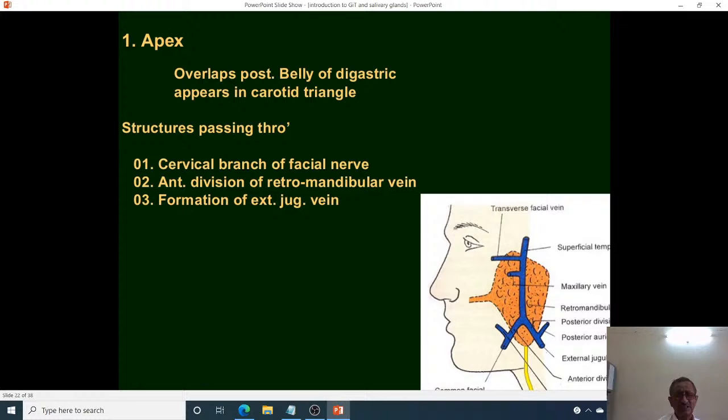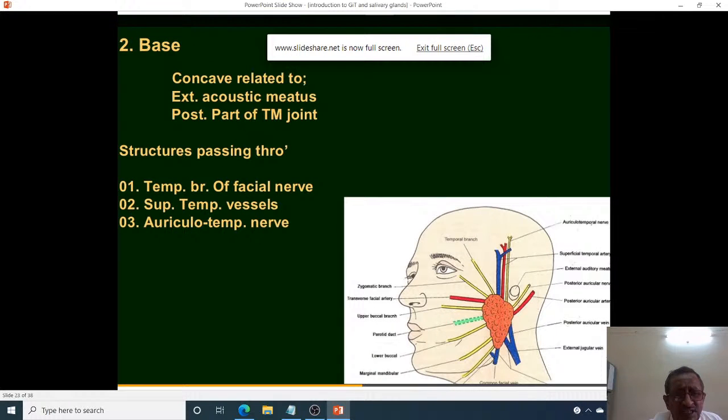So here we are showing apex is overlapped by the posterior belly of digastric, appears in the carotid triangle, and cervical branch of facial nerve, and divisions of the retromandibular vein are seen here. Whereas the base is concave and related to the external acoustic meatus and posterior temporomandibular joint, and then the temporal branch of facial nerve, the superficial temporal vessels, and the auriculotemporal nerve are seen.